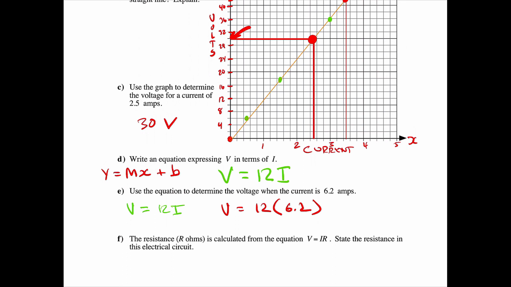And now I'm basically just going to multiply 12 times 6.2, and then we've got our answer. So really quickly, 12 times 6.2 equals 74.4. So the voltage of 74.4 volts would give us a current rating of 6.2 amps.